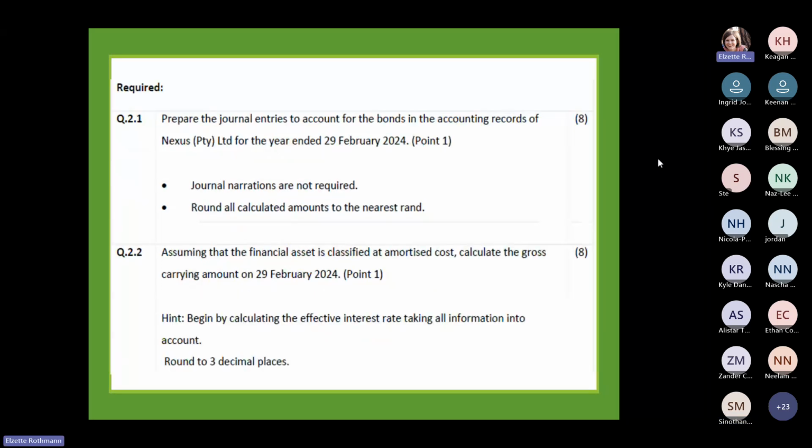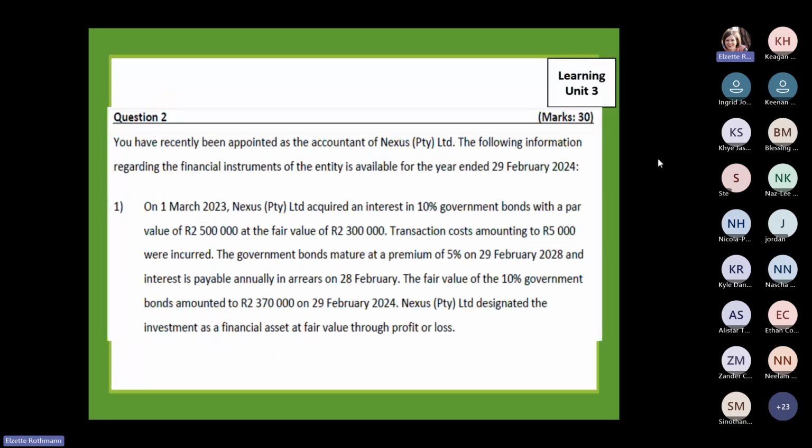Okay, so for 0.1, we have to do the journal entries and we have to calculate the gross carrying amount. Okay, so let's see what they tell us at 0.1. So they tell us there, on the 1st of March 2023, Nexus Pty Limited acquired an interest in 10% government bonds with a par value of 2,500,000 at the fair value of 2,300,000.